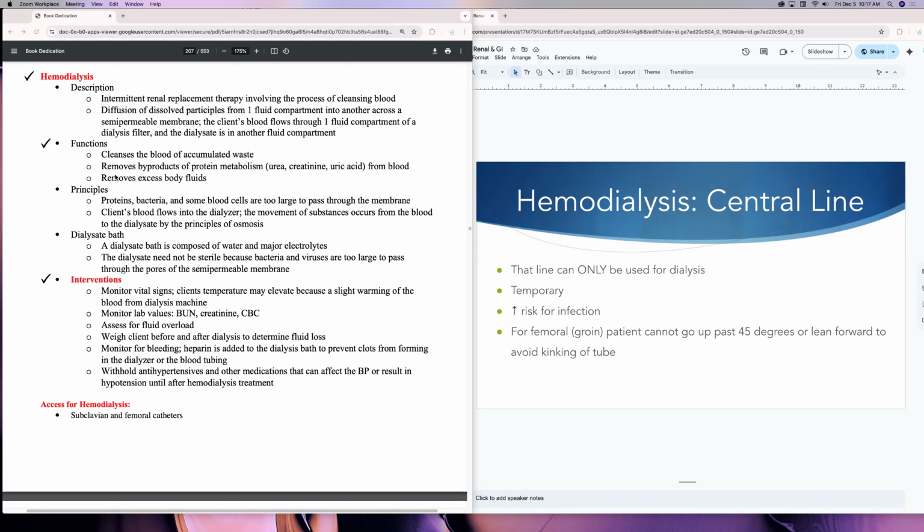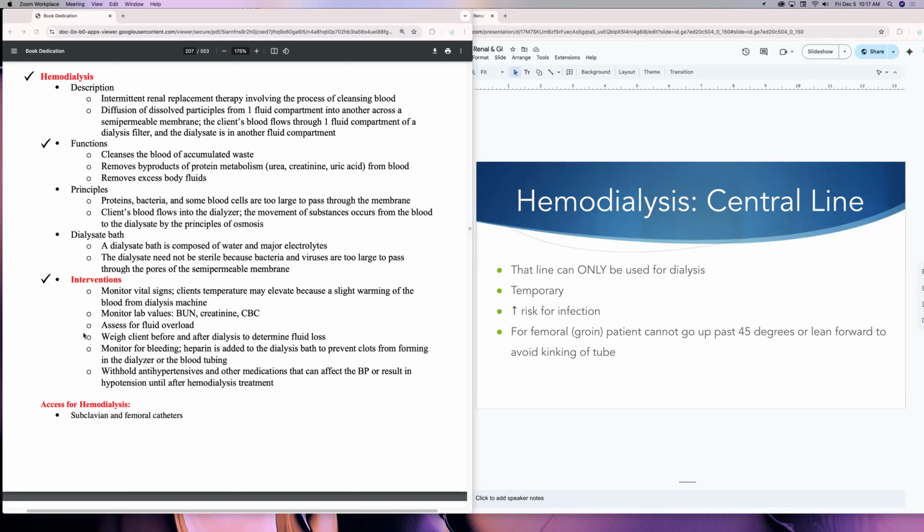Okay, so now we're going to talk about interventions. Somebody who is receiving dialysis, you want to monitor their vital signs. You want to monitor their renal labs like BUN and creatinine. Always assess for fluid overload, so check their blood pressure, check for edema, check for any shortness of breath.